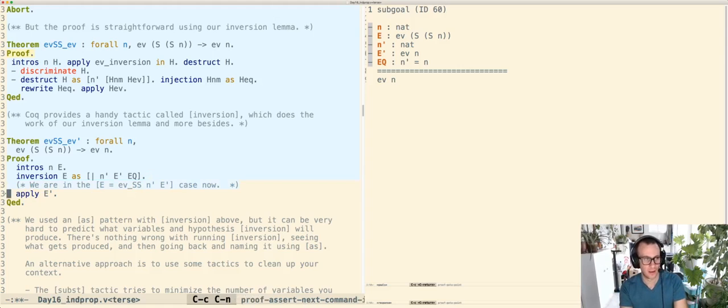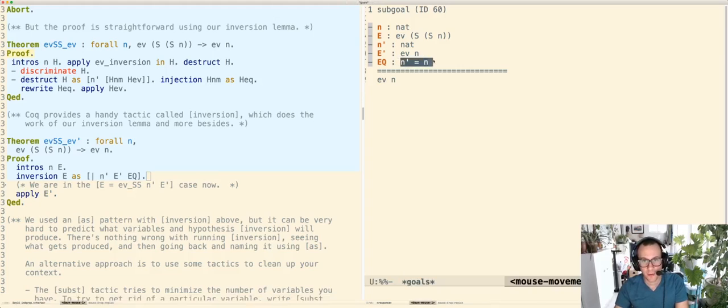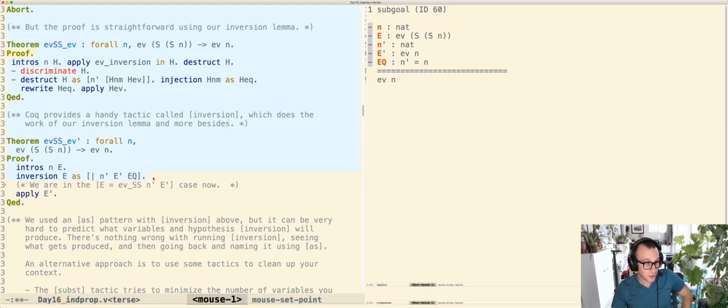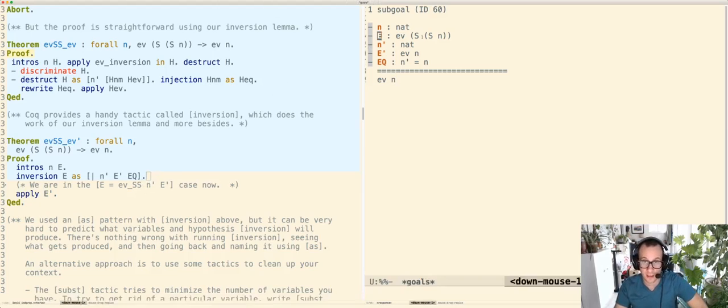Fantastic. One other thing you'll notice that it's done, it said, okay, yeah, that n prime is equal to n, and it's substituted everywhere for you. That is, I think, really nice. So, moral of the story, if you have evidence in some inductive proposition and you want to find out what you need to know from it, inversion says, hey, here are the possibilities.